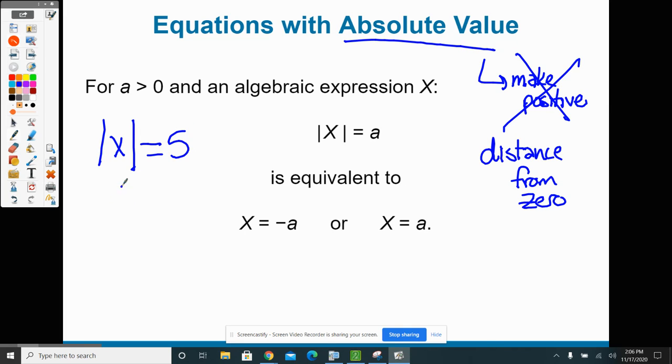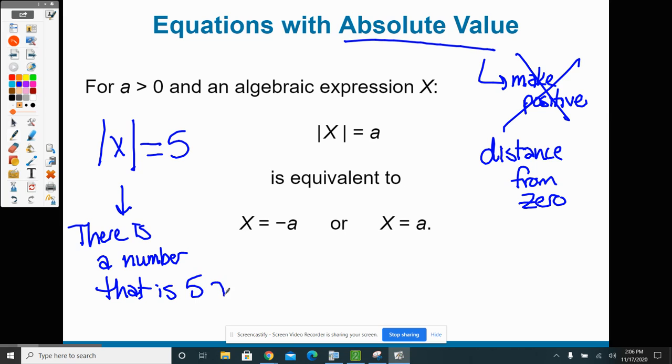What this says is there is a number that is 5 away from 0. Well, there are two numbers that are 5 away from 0. Inside of here, that could be 5 or it could be negative 5.